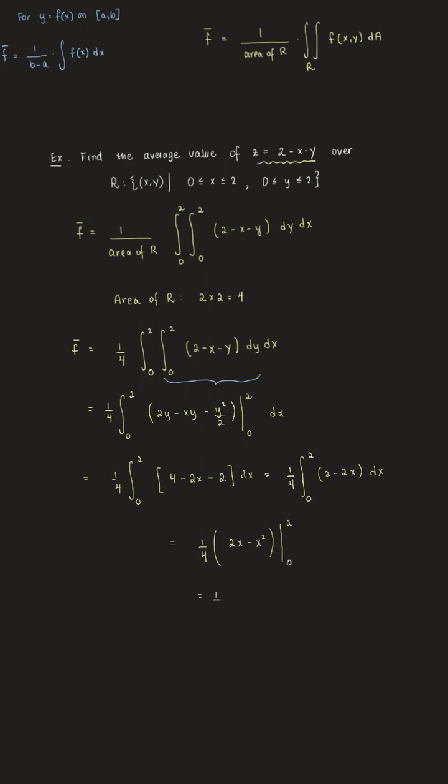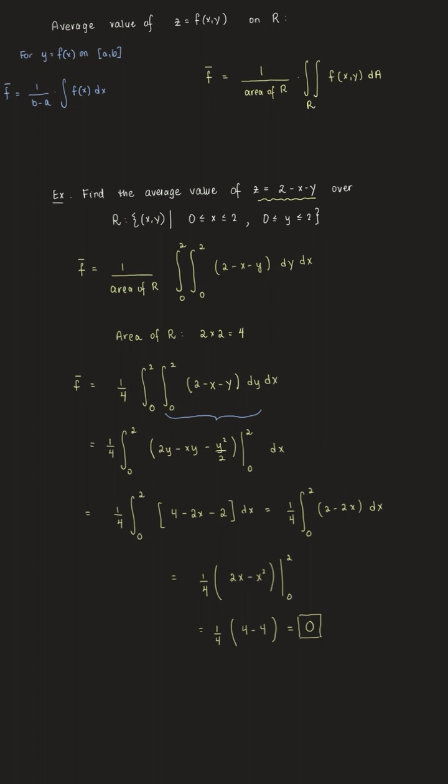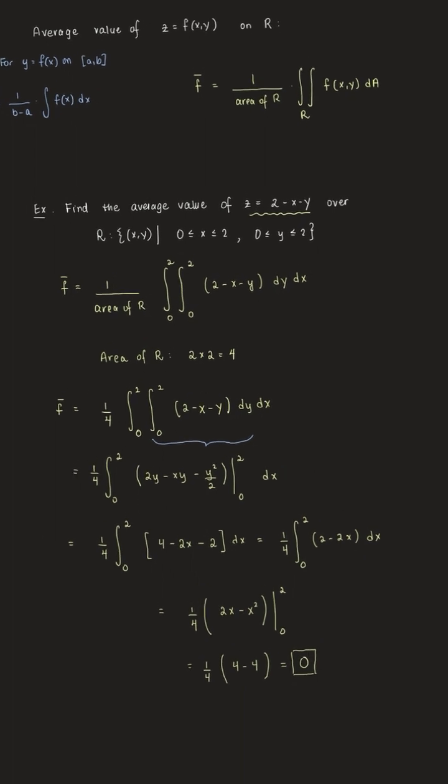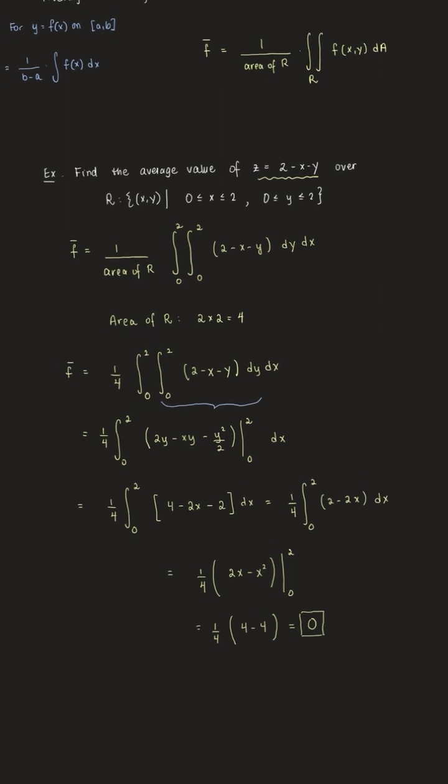So that gives us 1/4 times 4 minus 4 minus 0, and so this is 0. So that means that the average value of our function on this interval is 0. There's probably just as much surface above 0 as there is below 0, and so the average is just 0.